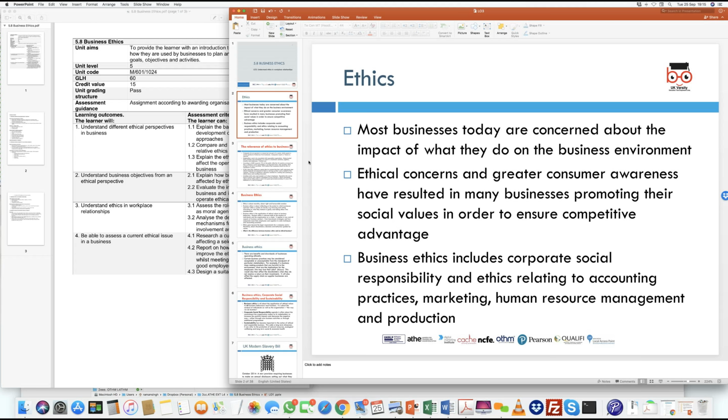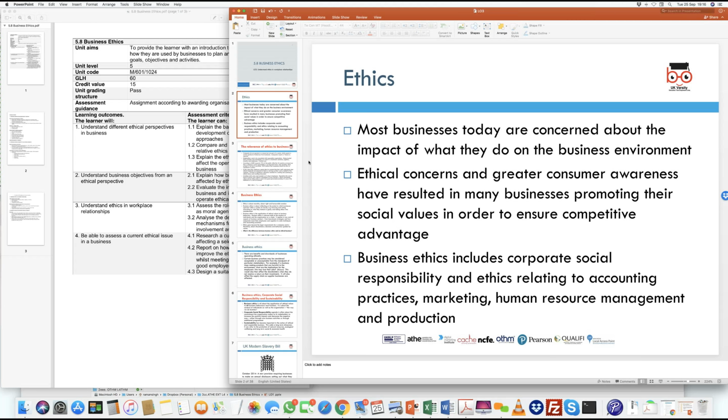The second thing is that because of the connected nature of the world today and the information available through various mediums, there is increased consumer awareness. If a company is flouting the code of ethics or seems to be causing harm to the business environment, this is perceived negatively against the organization.